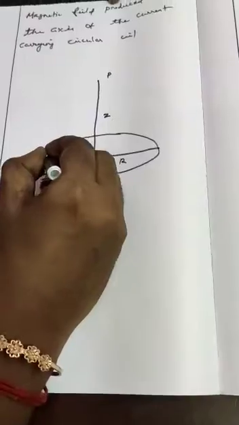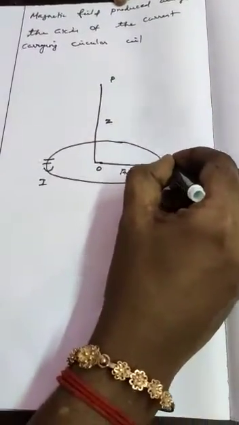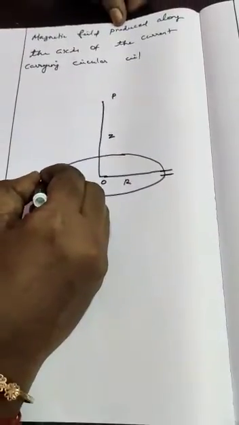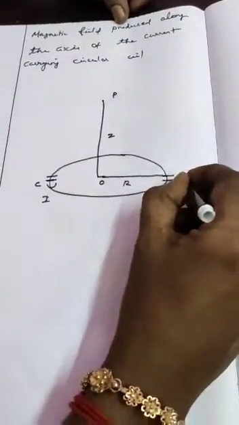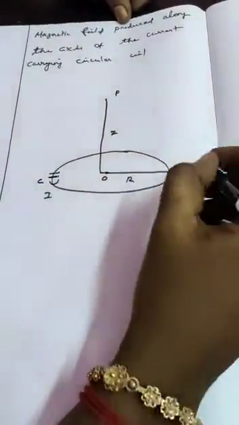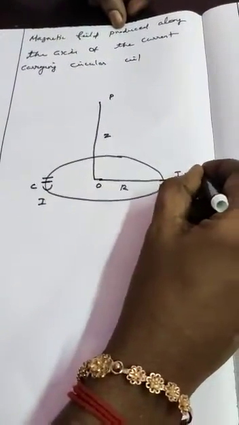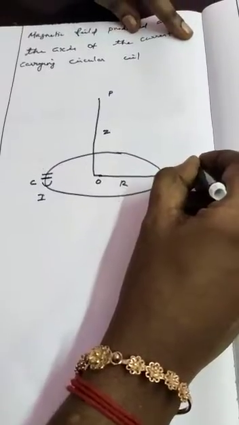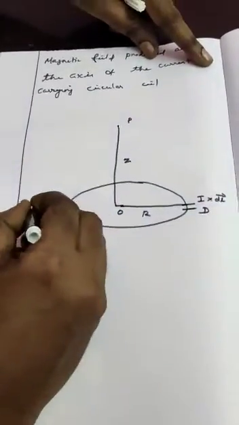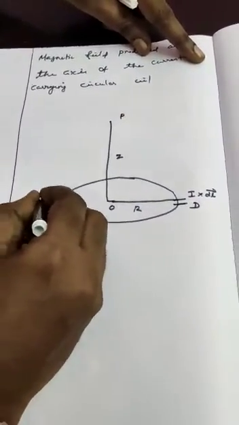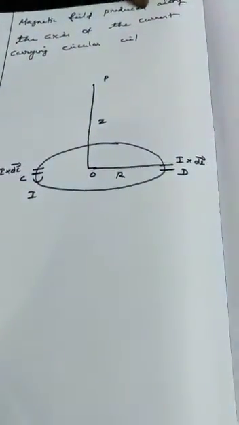And let's consider the two line elements situated at the points C and D of the circular coil, which carries the current I. So this is the line element which carries the current I, so I dl.